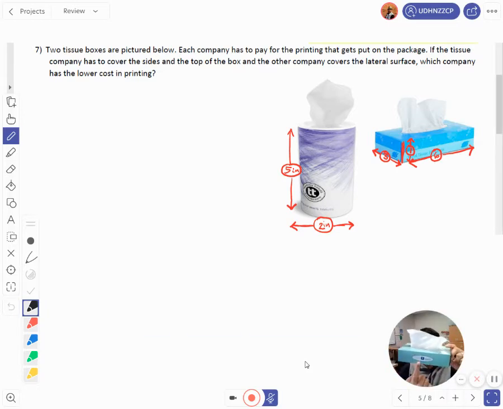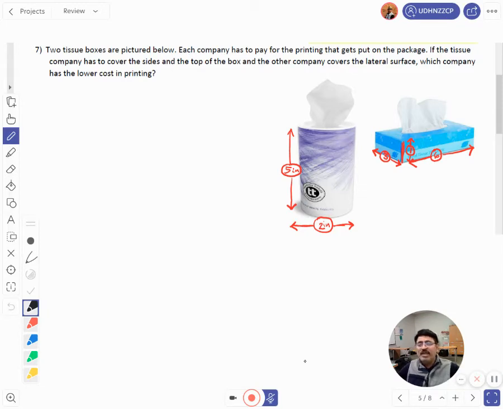Do you see that here there's a name printed, and here, and here at the bottom also. If the tissue company has to cover the sides and top of the box, and the other company covers the lateral surface, which company has the lower cost in printing?